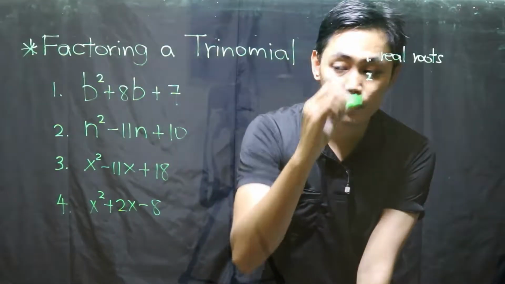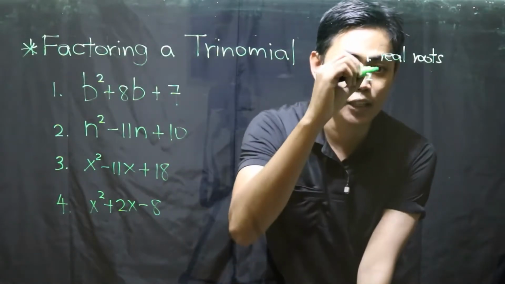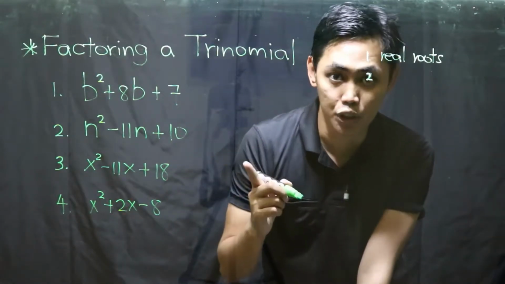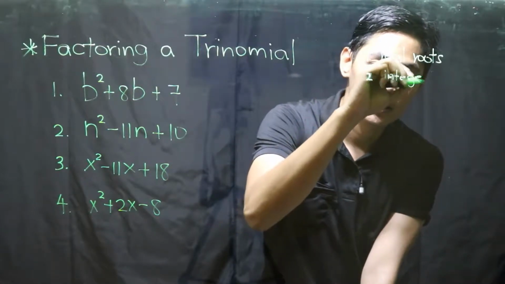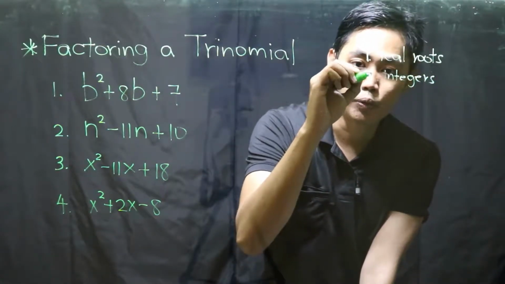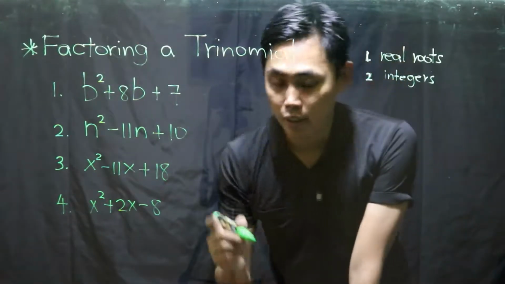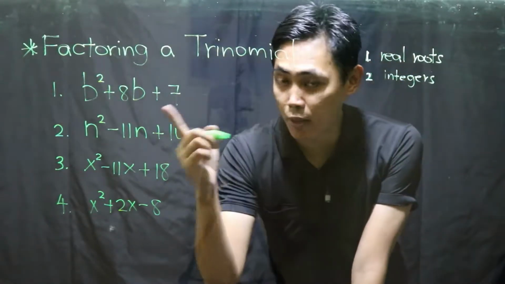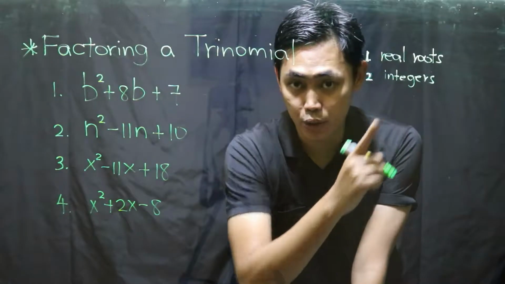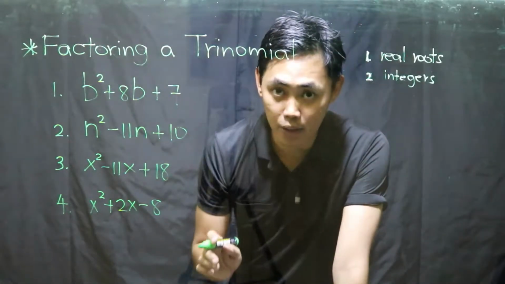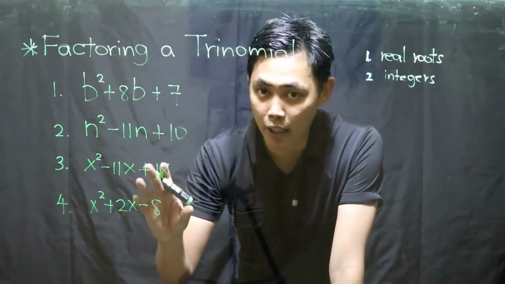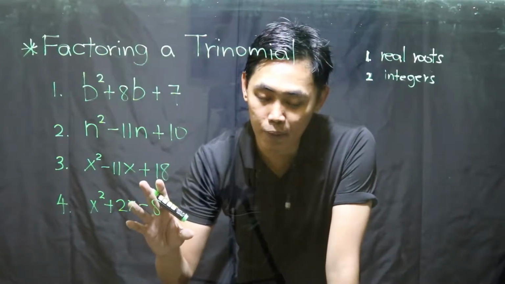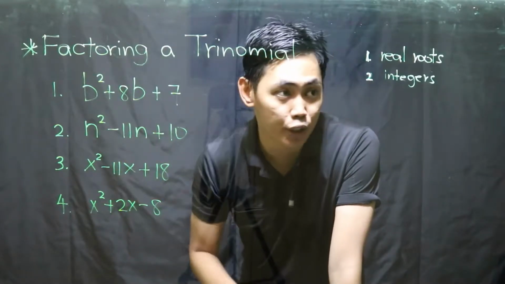Okay. So what we are doing today is we will just focus on integers, so whole numbers. If your trinomial has an integer as a root, meaning a whole number or negative number, we can just do it by getting the factors by trial and error.